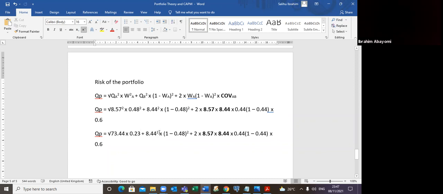Then 8.4 squared. No, we have been using 8.4. Okay, the previous one we were using 8.4.